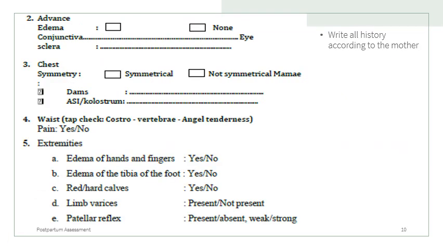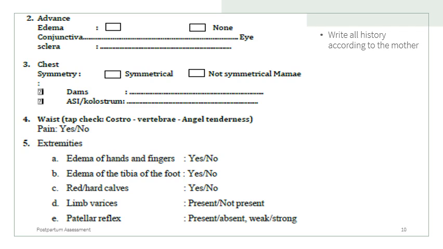The next one is we look at the face. So in the face, we try to see if there is any edema, yes or no, how's the conjunctiva, how's the sclera.